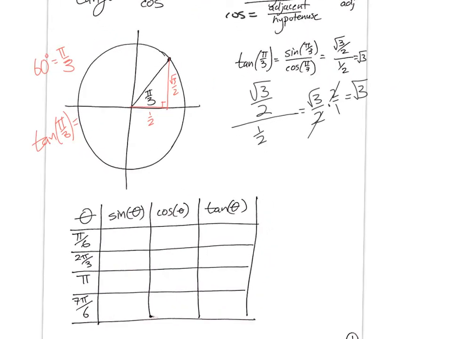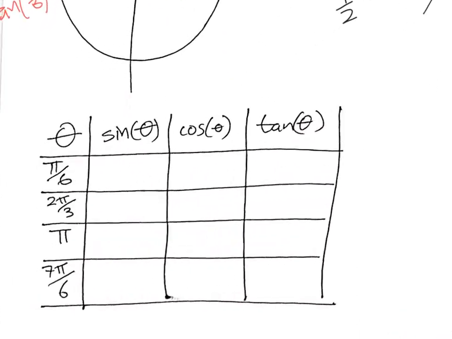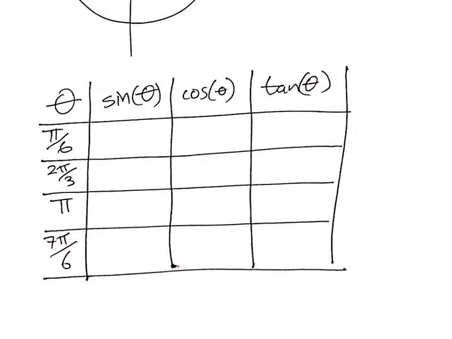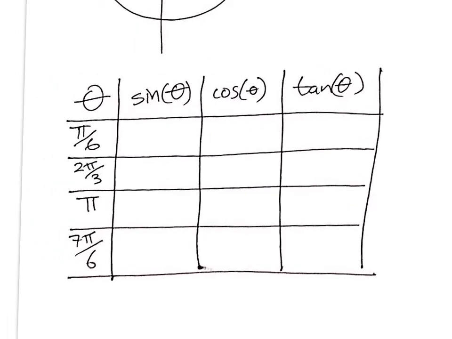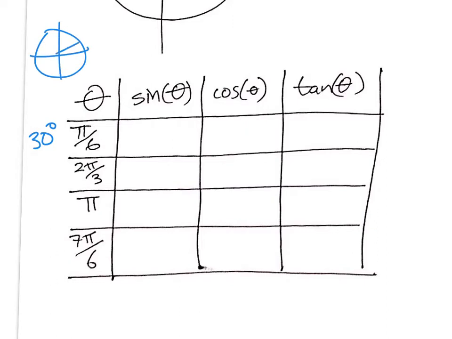So let's say we have some practice here. Let's do this because this will be good practice. So pi over 6, how many degrees is that? You're probably thinking 30 degrees. That's good. And so 30 degrees, we draw a quick little triangle. 30 degrees, or pi over 6, and so we know the sine is going to be 1/2, and the cosine would be square root 3 over 2.